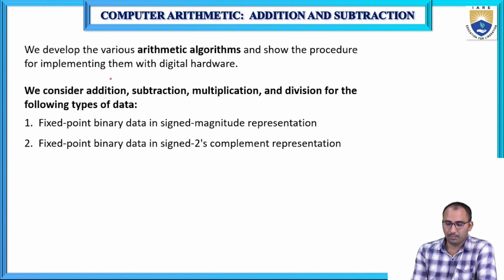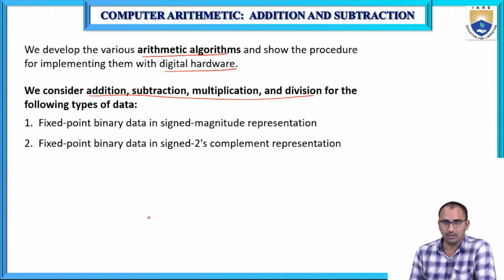We develop the various arithmetic algorithms and show the procedure for implementing them with digital hardware. We consider addition, subtraction, multiplication, and division for the following types of data. Already we have seen the four basic arithmetic operations, and we are performing all of them on two types of data.